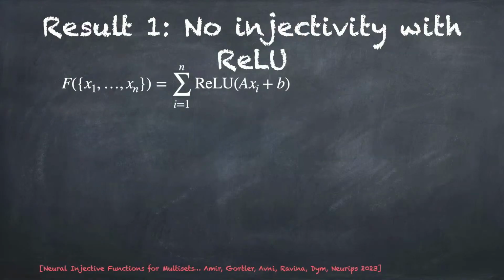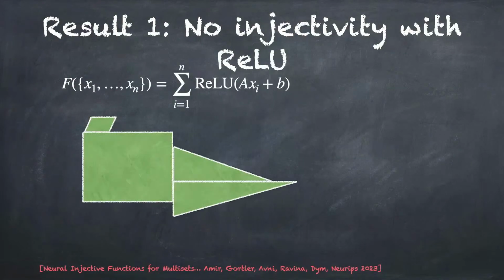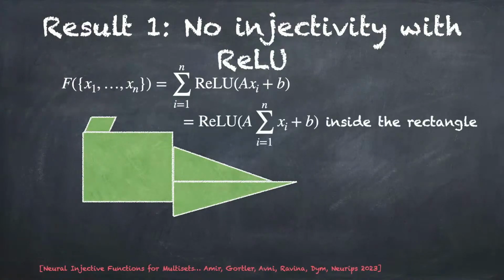The thing is that if you have a ReLU network, it is always piecewise linear, right? As has been discussed previously. So if you look at the domain of this function, you can break it into a finite number, maybe very big, of linear regions. And inside each linear region, say inside this rectangle, since the function is linear, you can exchange the sum with the ReLU. Okay? And the result, basically, inside the rectangle, the only thing that this function sees is the sum.